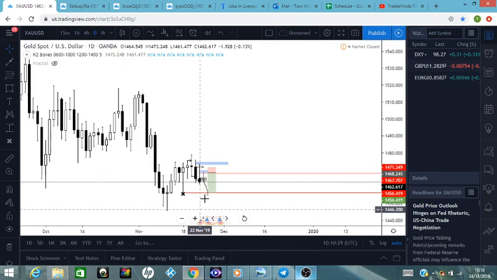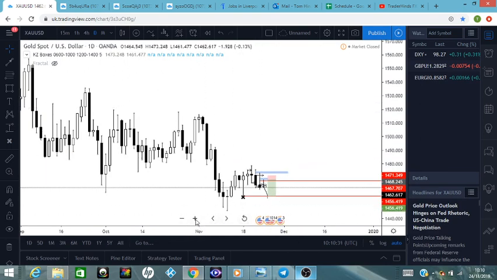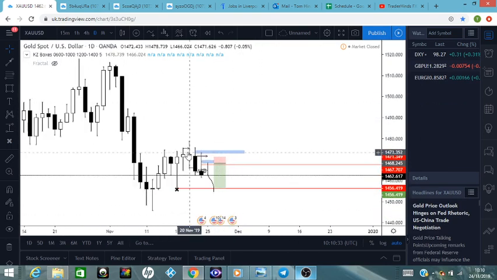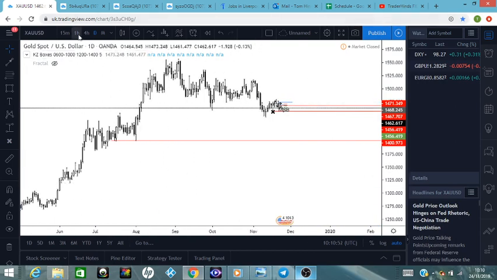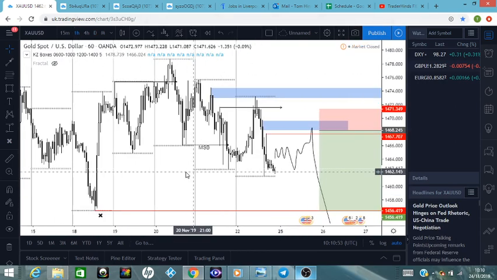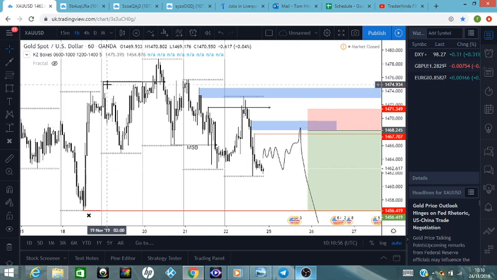Now the reason I'm bearish on gold is because I do believe that we've got a stop run and we finally broke the market structure here. We've got a really long wick that needs filling, and we are at momentum. Momentum is down. I strongly believe, according to my rule-based system, we've had a stop run.